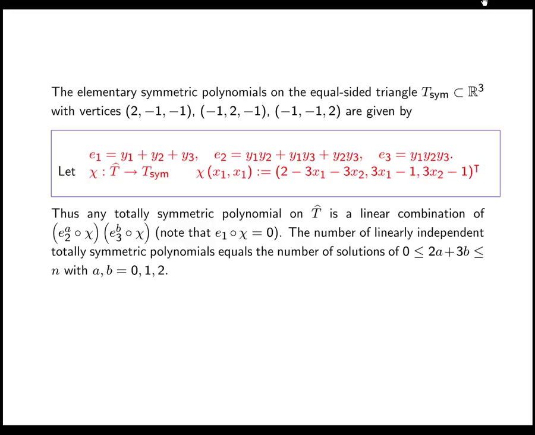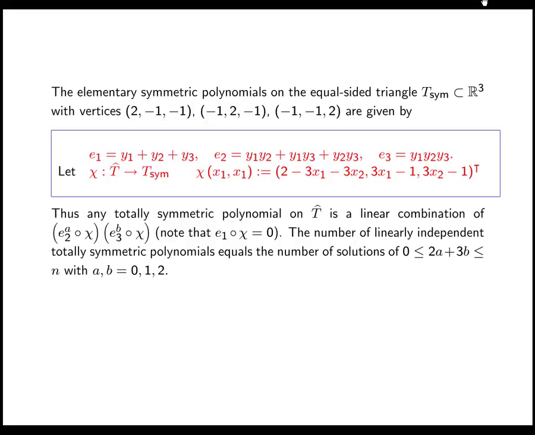And then you already see that the dimension of this space is not so simple. I'm not speaking about orthogonal polynomials, I'm speaking about symmetric polynomials. So E2 has degree 2, so the total degree of this one is 2a. E3 has degree 3, so 3b.